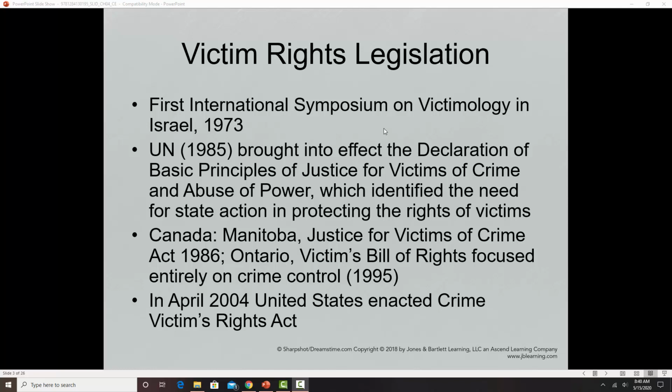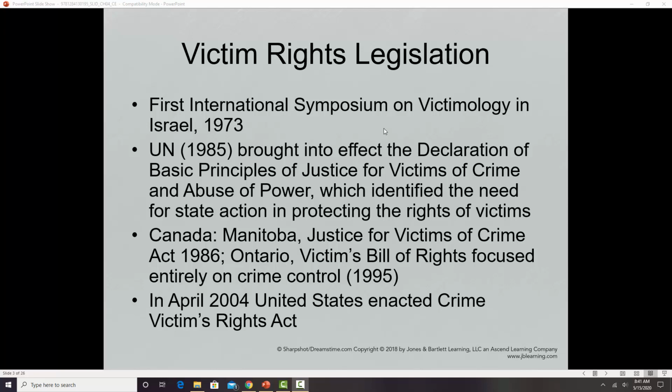So both of those for Canada not only focused on the victims' rights with the 1986 Act, but also in terms of the criminal justice system, which included the right to be informed of the final disposition of the case, to be notified of any court proceeding, to receive protection, to be informed on receiving witness fees, to be provided with a secure waiting area when practical, and this is for witnesses or victims.